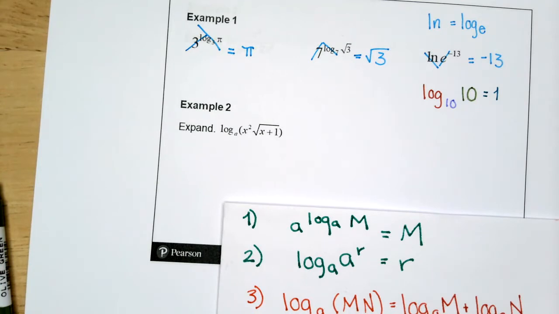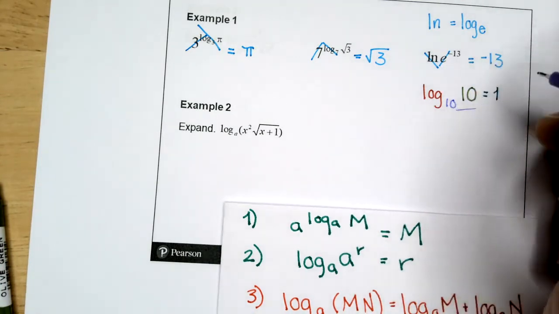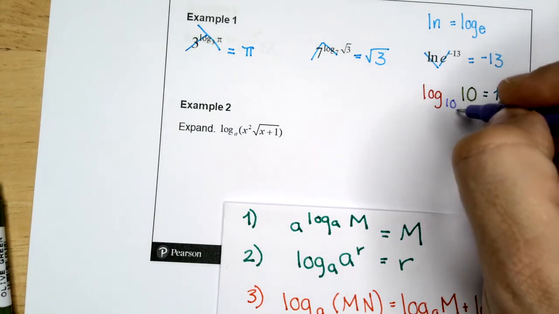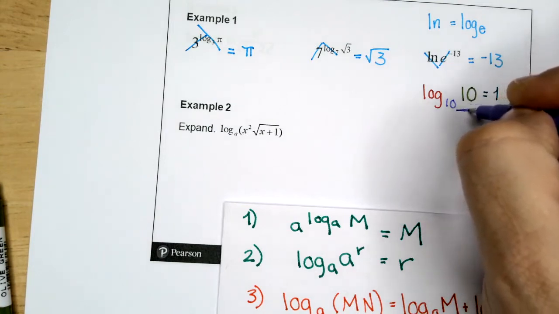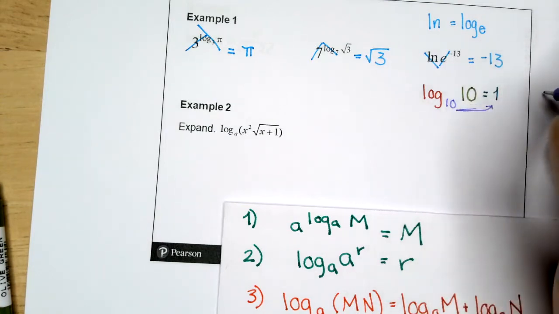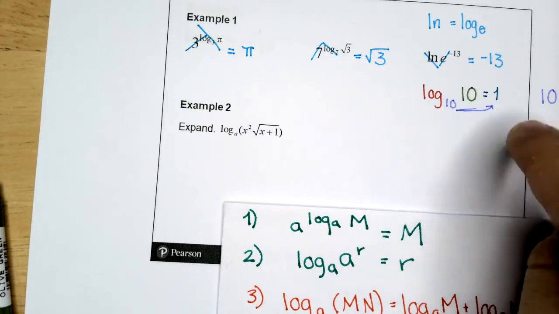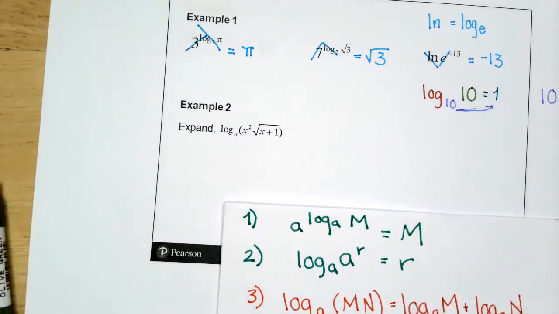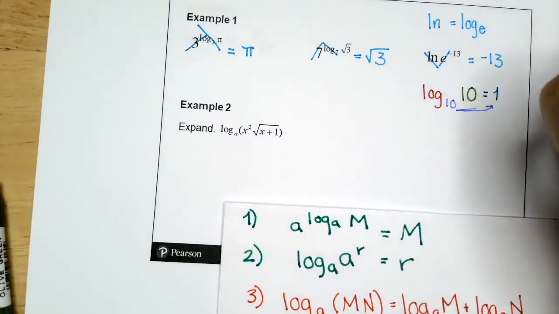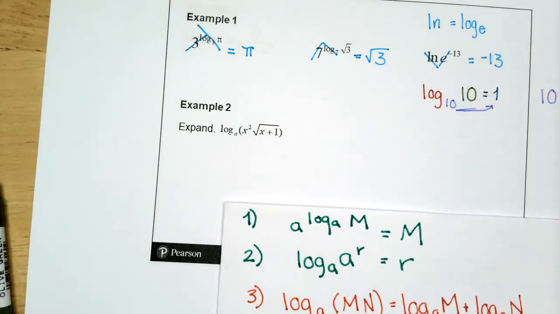Because remember, we start with the base. So I'm going to translate this to exponents that will look more familiar to you. We take that first 10, and that becomes our base. And then that number 1 goes right here.